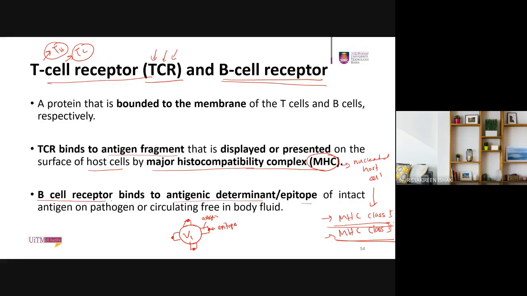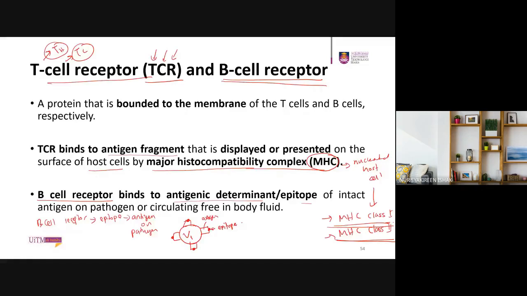Okay, saya rephrase balik lah, B cell receptor ataupun T cell receptor will bind to the epitope of antigen on the pathogen. Macam tu.